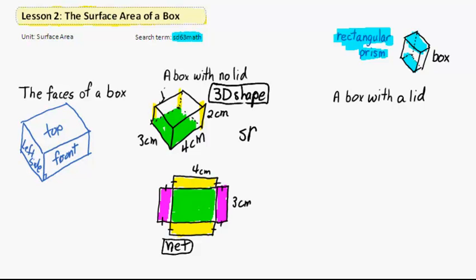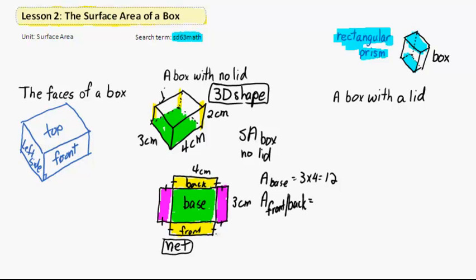The surface area of the box with no lid is the area of the base, which is 3 by 4 or 12. It is the area of the front and the back, which is 2 centimeters by 4 centimeters. 2 times 4.